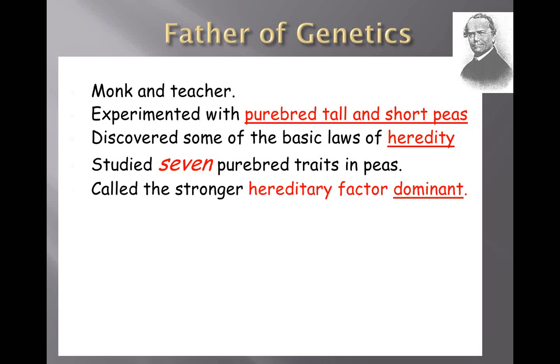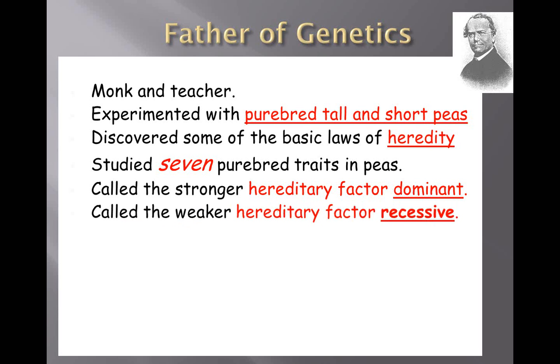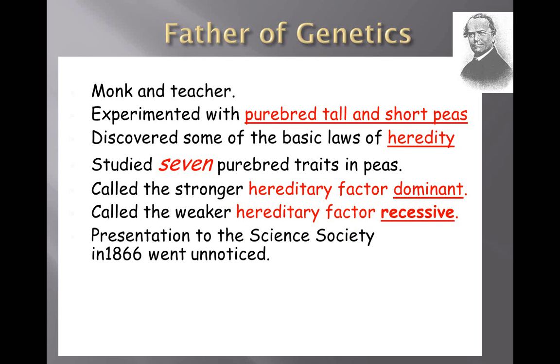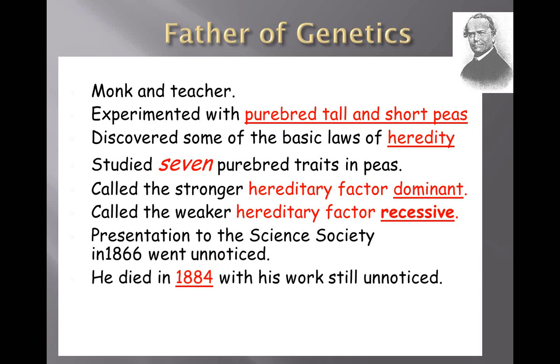He called the stronger traits dominant, and he called the weaker traits recessive. He presented these findings to the Science Society in 1866, and it went unnoticed. They didn't even check him out.